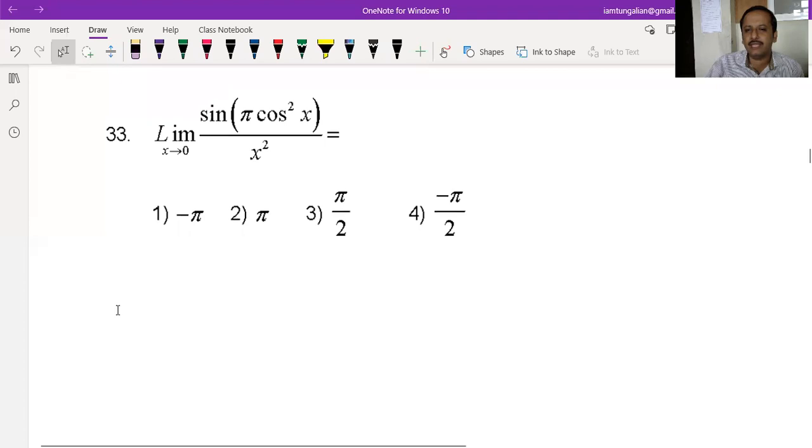Then, next, question number 33. Limit extends to 0, sin pi cos square x divided by x square.